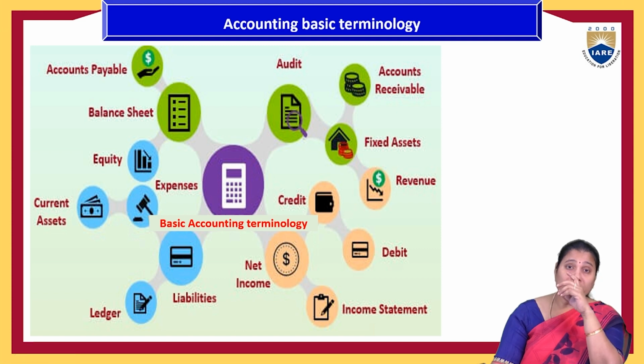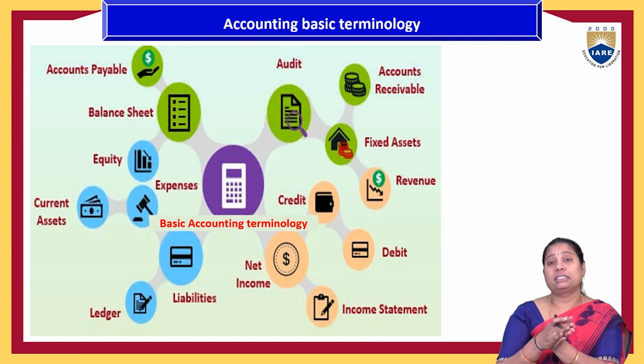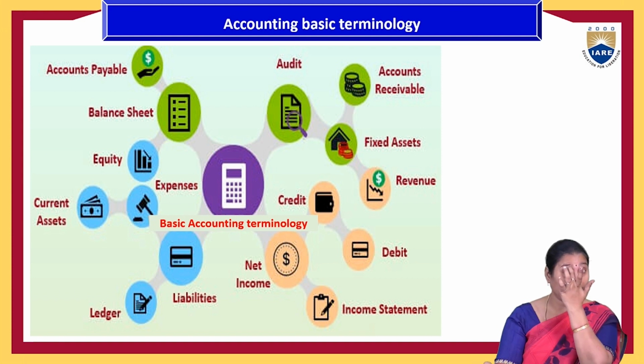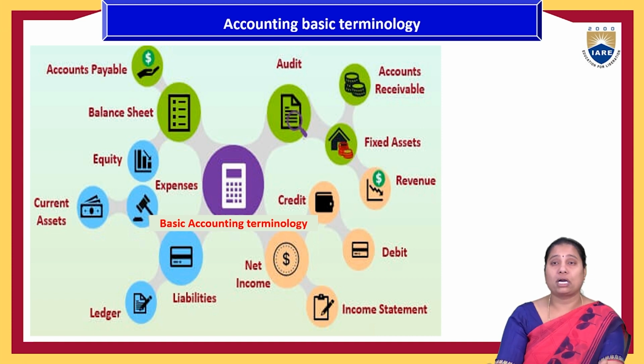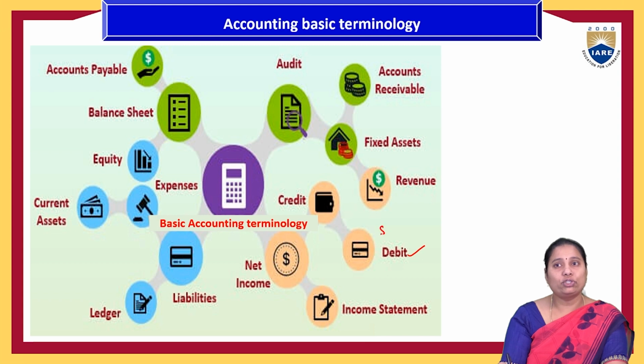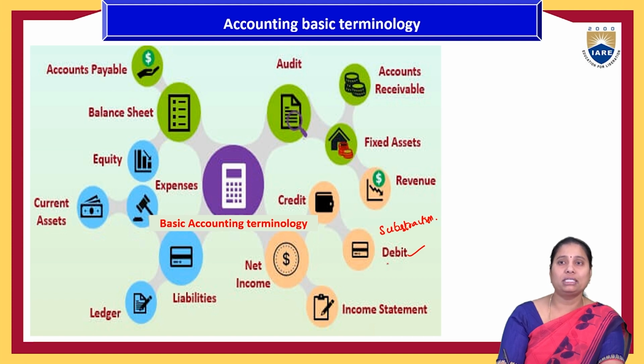So, before going to the discussion on accounting, let us discuss the basic terminology of accountancy. First of all, debit. Debit means subtraction of funds. For example, nowadays everyone has a bank account. In your account, if you have withdrawn an amount, then obviously that amount will be recorded under debit.